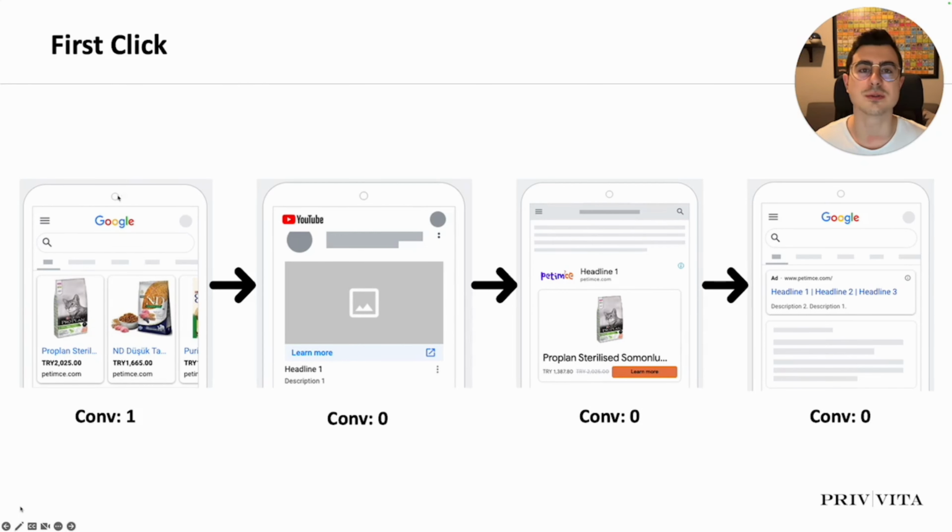And if you're using first click, the conversion will go to the first touch point and the others will have none. If you're using position based, it will give the most amount to the first and the last touch point. The first one will have 40%, the last one will have 40%, and the remaining 20 will be divided between campaigns.